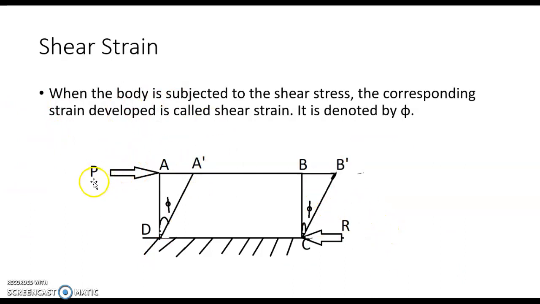Here the applied force is P and the resistive forces are R. By these two forces, this DABC frame is going to deflect to DA dash B dash C. This angle of deflection is called phi, and that phi is nothing but the shear strain.